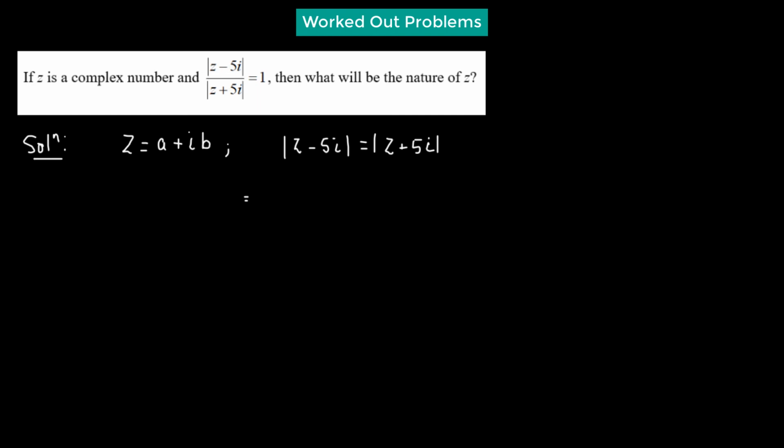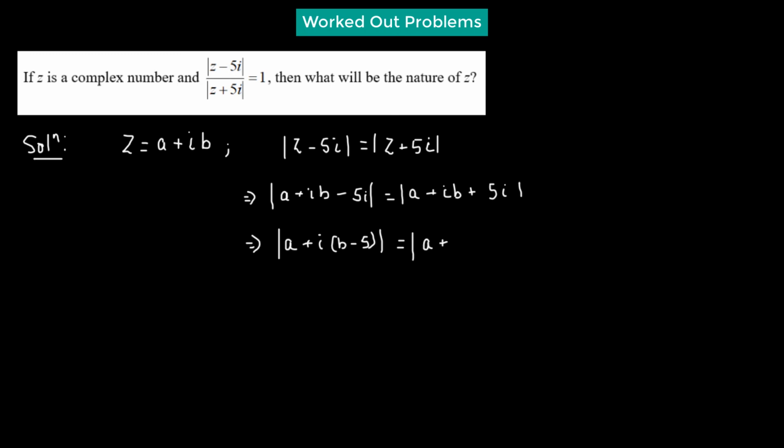Now we substitute the value of z, so that would give us a plus ib minus 5i is equal to a plus ib plus 5i. So here I missed the i. So we have a plus i multiplied by b minus 5 equal to a plus i multiplied by b plus 5.